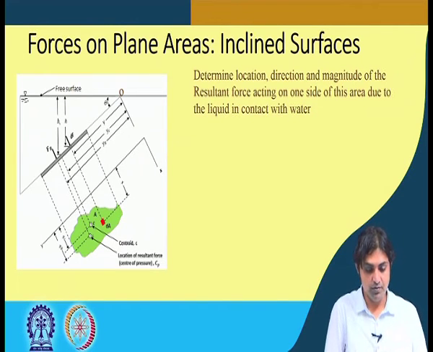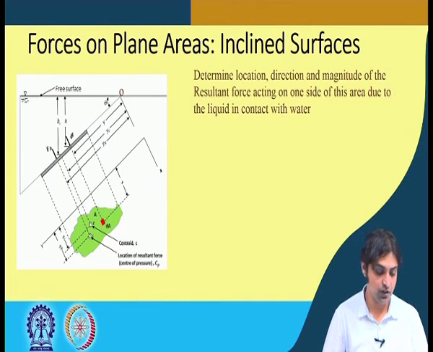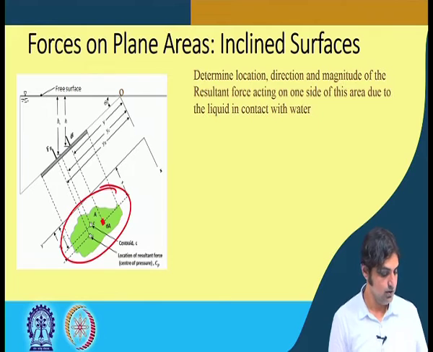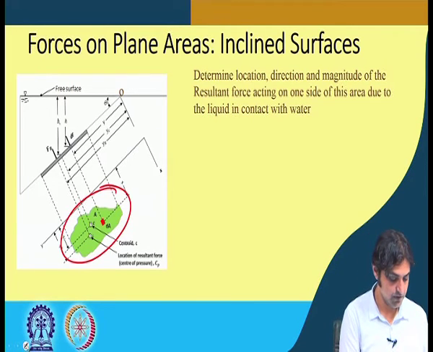The biggest question is we have to determine the location, direction and magnitude of the resultant force acting on one side of this area due to the liquid in contact with it.